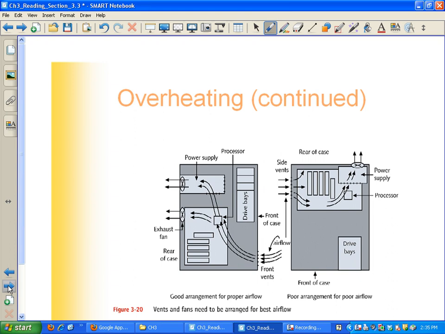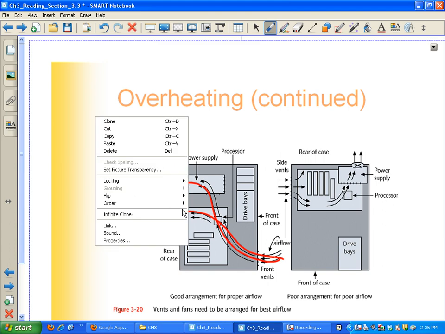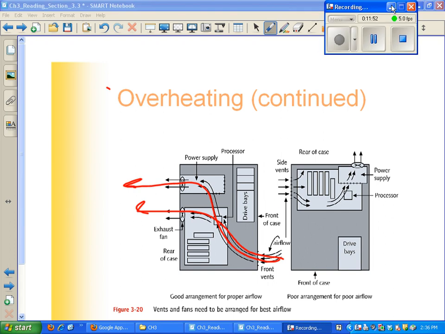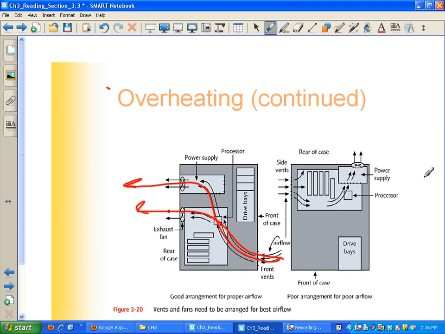A well-designed system has vents in the front, pulls air across the CPU, and it goes out. Pulls air through the power supply and goes out. That's how a well-designed system works. Now, if I've got wires clogging up and in the way in my whole system here, they're all going to block the airflow.